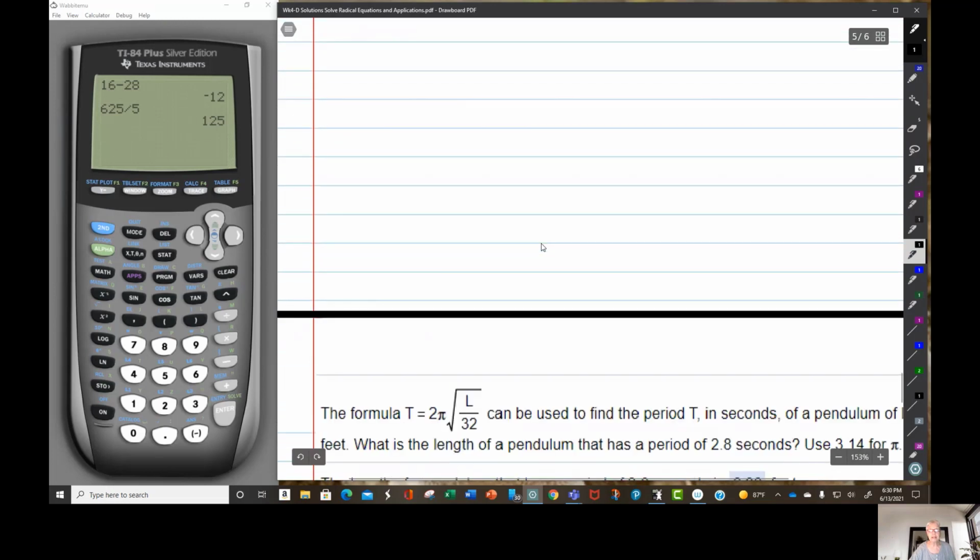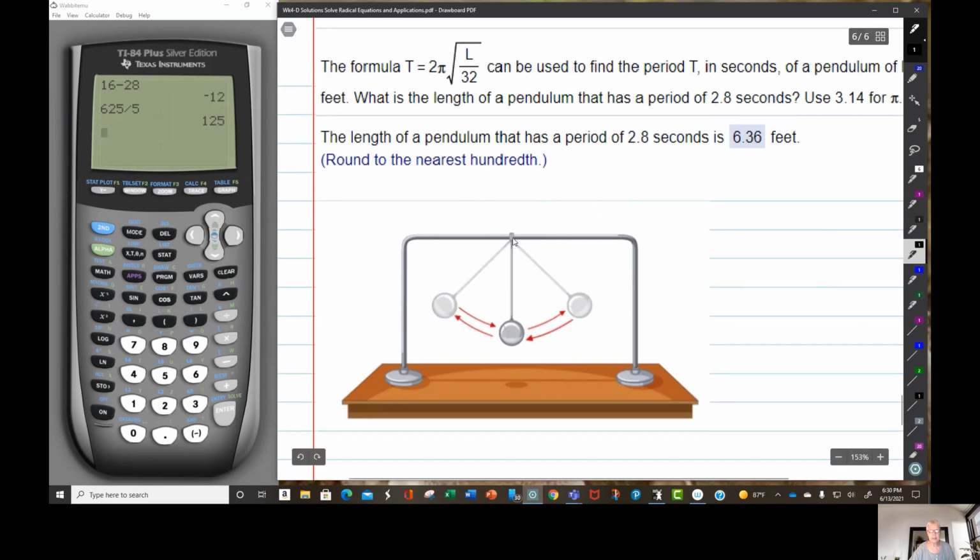Let's go to pendulums. Here's a pendulum. It swings to the left, swings to the right. We're going to be talking about the period of a pendulum. The period is, you take your pendulum and you pull it over here and you let it go.